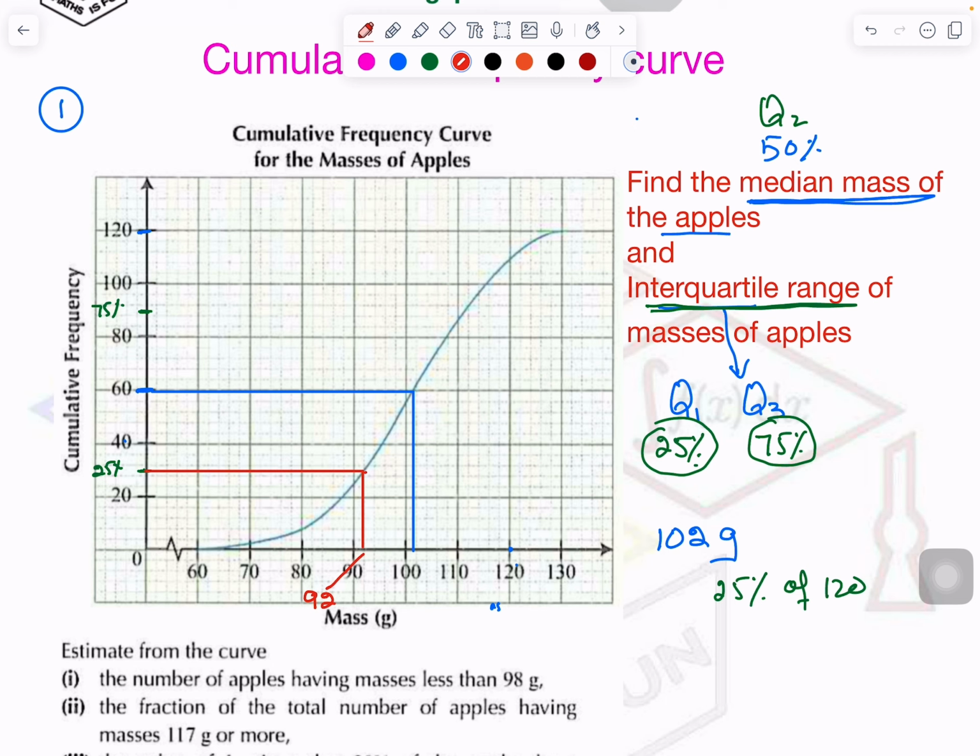So I'm repeating, I have to find out the interquartile range of mass. So I need to find out the mass at 25% of the data and 75% of the data on the y-axis. Okay, first of all, reading we always do from the x-axis. Data is present on the x-axis always, because your data is about the mass. Cumulative frequency is on the y-axis, it is about the frequency, how many. Okay, so now I will say 75%. I will come from here all the way.